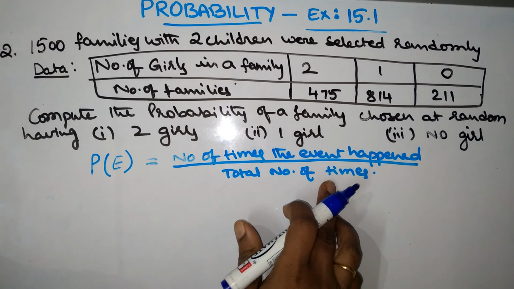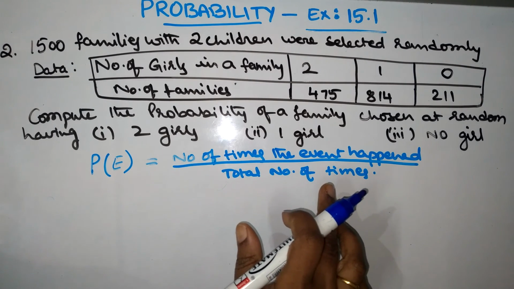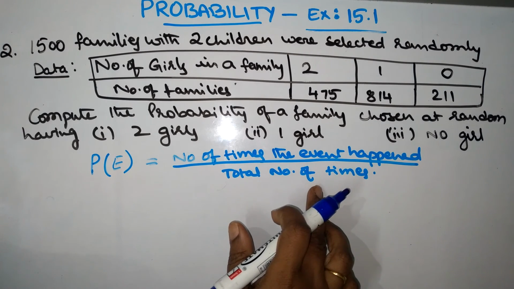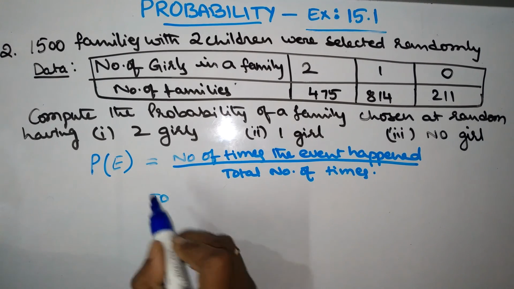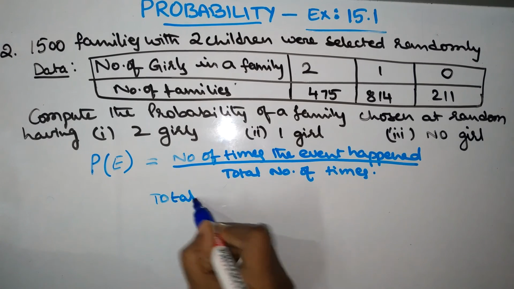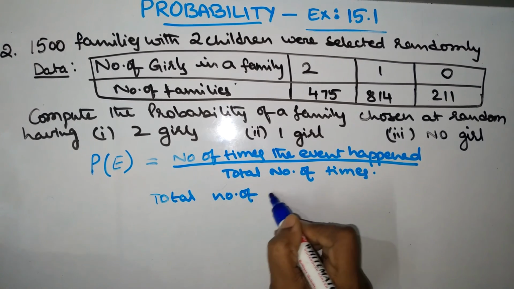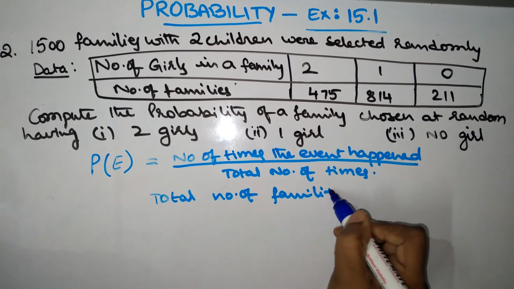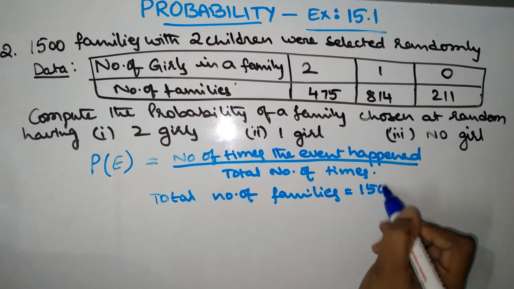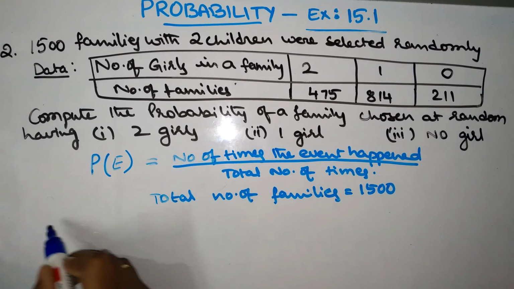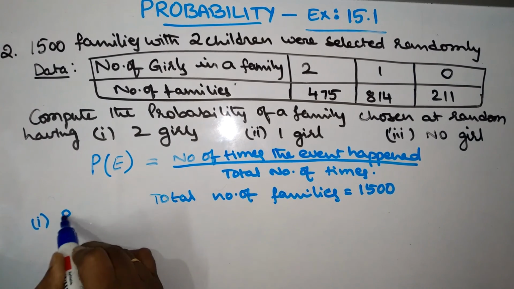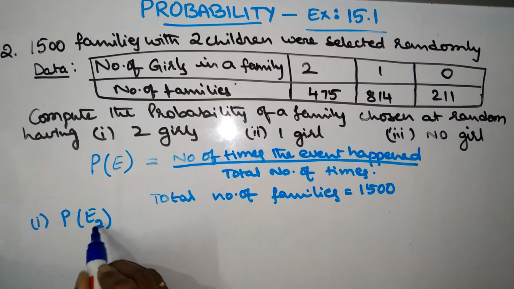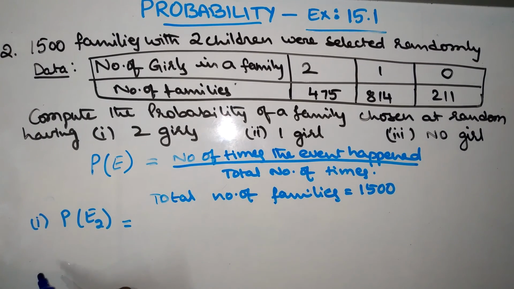So how many families are given as total number of families here? 1500. Total number of families is equal to 1500.